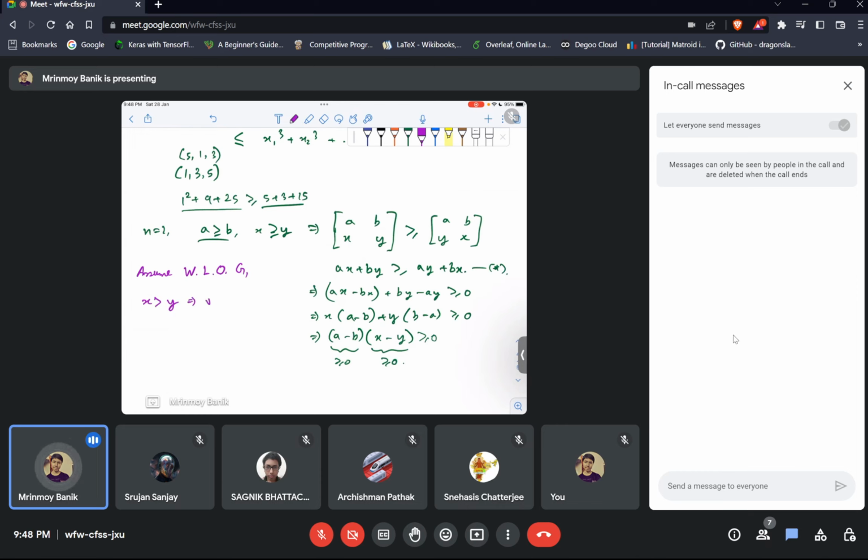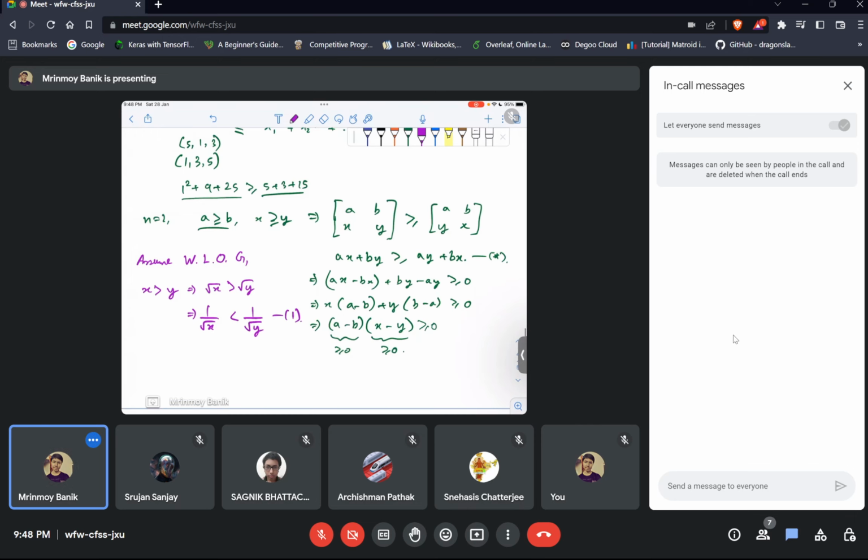That would imply square root of x is greater than square root of y, and 1 by square root of x is less than 1 by square root of y. This is the first observation, and also square root of x squared is greater than square root of y squared, right? Using these two.